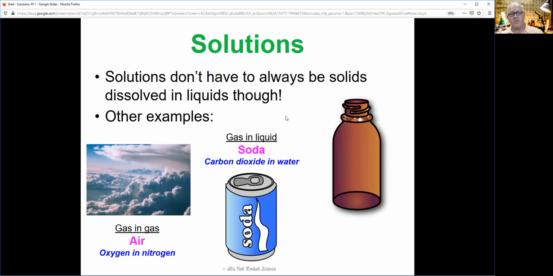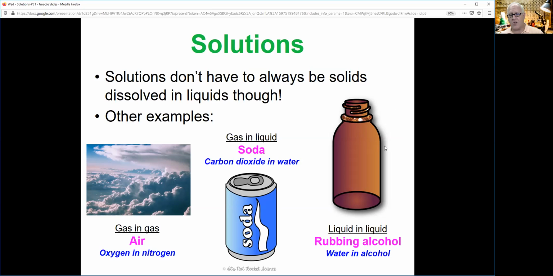Many times you can also put a gas in a liquid. If any of you have had any kind of soda pop recently, a Coca-Cola is made up of a caramelized liquid that has sugar and flavoring and water, and then carbon dioxide gas is introduced into that liquid to give it its fizzy flavors.